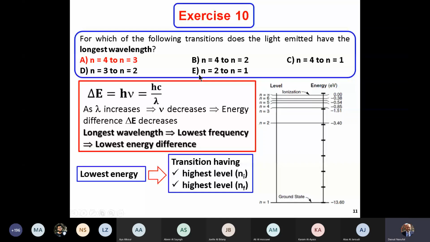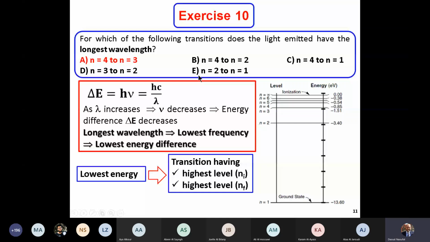D and E do not have the same n initial, nor n final. So A, D, and E cannot be compared directly, since we don't have a common n initial or common n final.